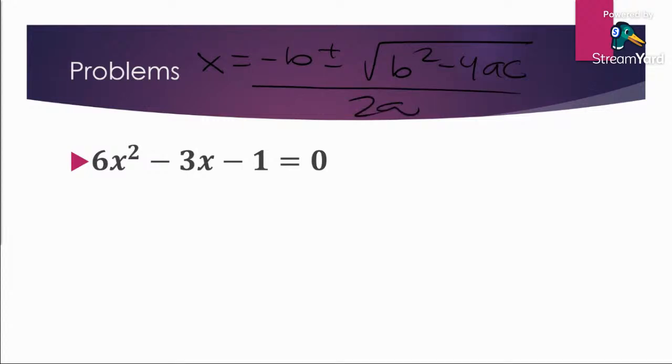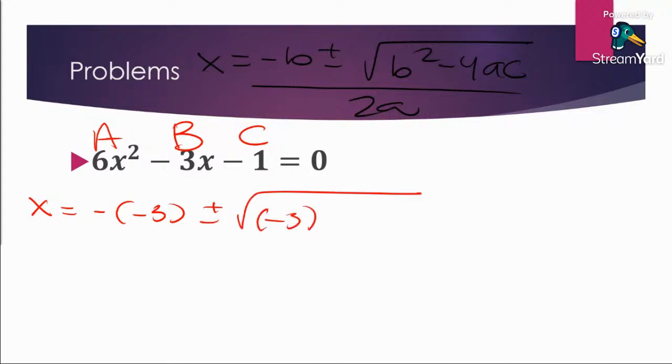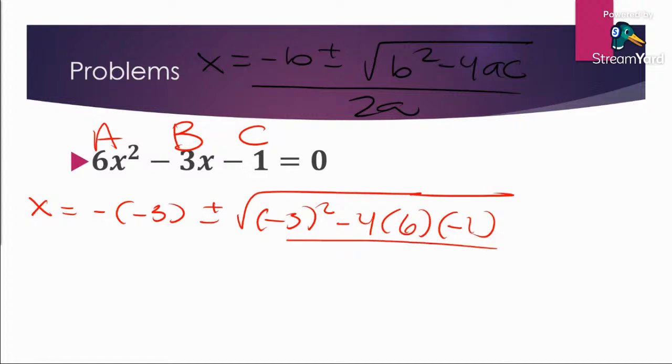Once again, identify what A, B, and C are, always in that order. From here, we have x equal negative b plus or minus the square root of b squared minus 4 times a times c, all over 2 times a.